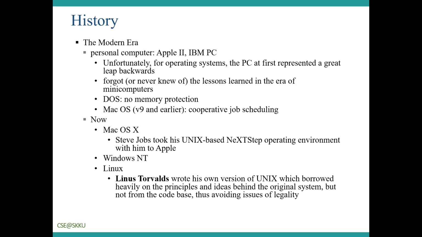Fortunately, after some years of suffering, the old features of minicomputer operating systems started to find their way onto the desktop. For example, Mac OS X, that is now called macOS, is built on Unix and includes all the advanced features you would expect from a mature, well-designed operating system.